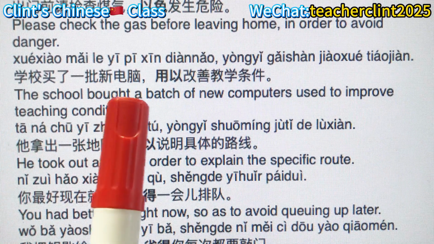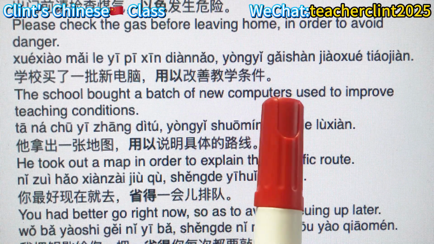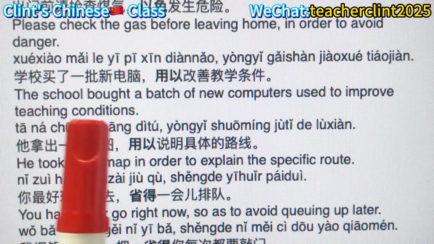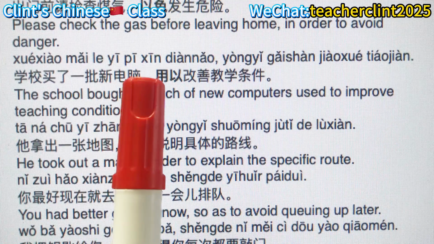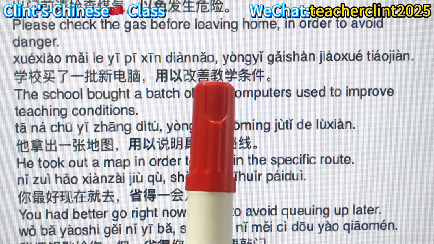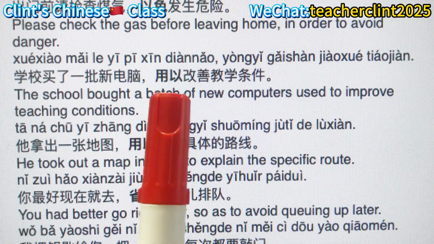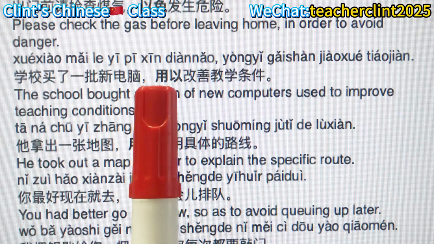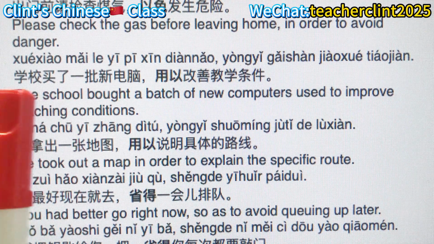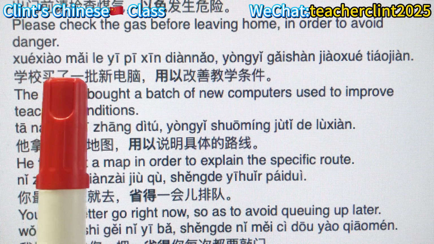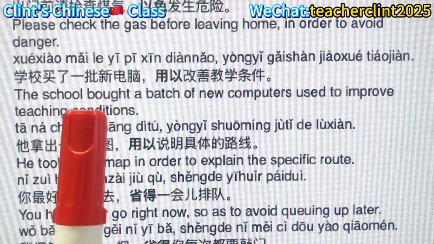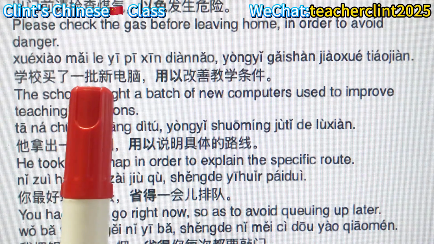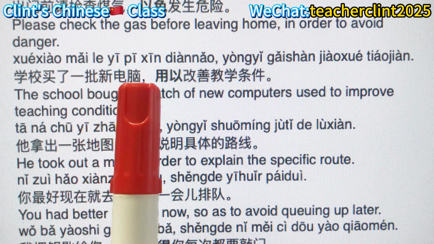The school bought a batch of new computers used to improve teaching conditions. 学校买了一批新电脑，用以改善教学条件。Here we use the conjunction 用以 used to do something. 学校 subject school, 买了 bought, 了 indicates past tense. 一批 the measure word like a batch of or some. 新电脑 new computer.